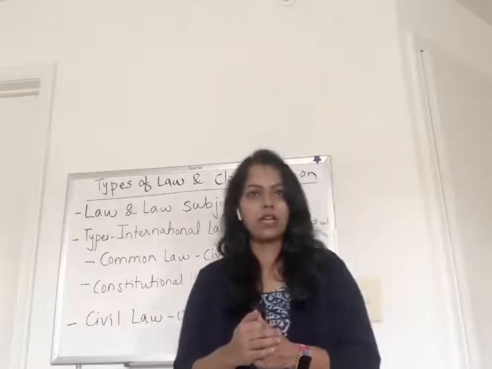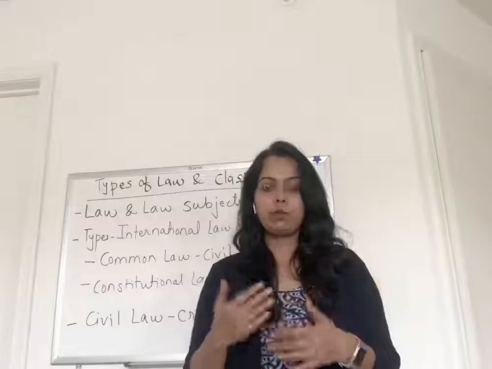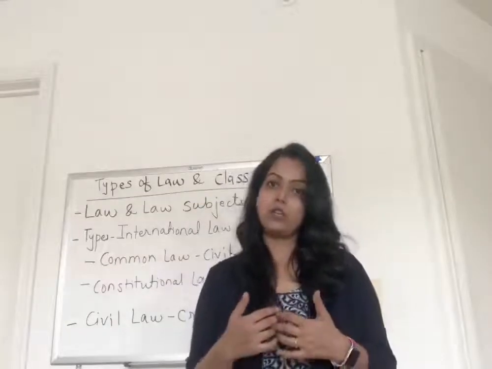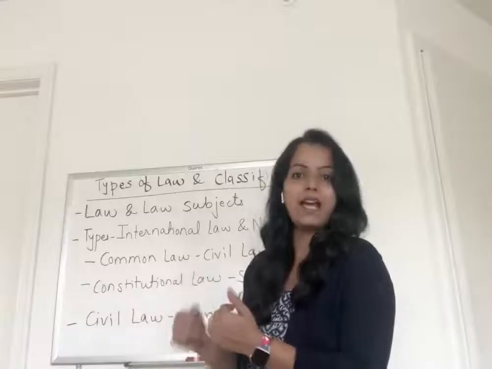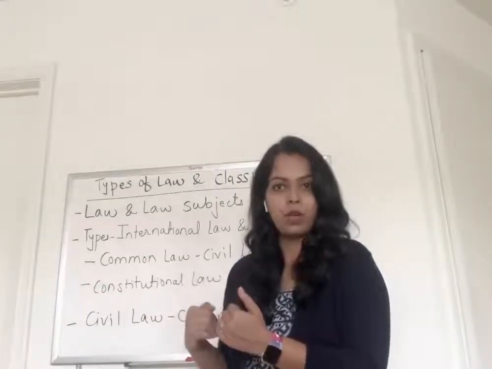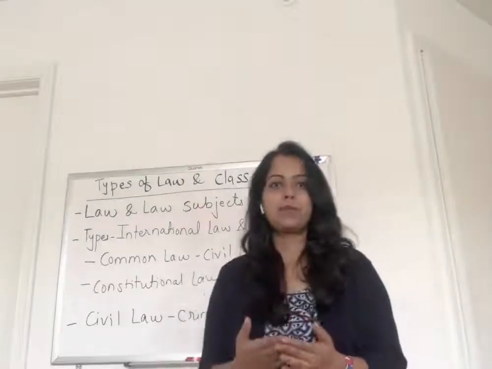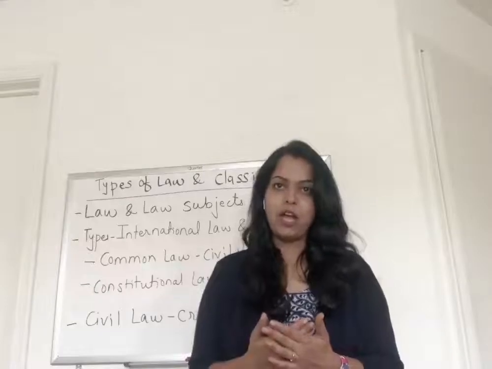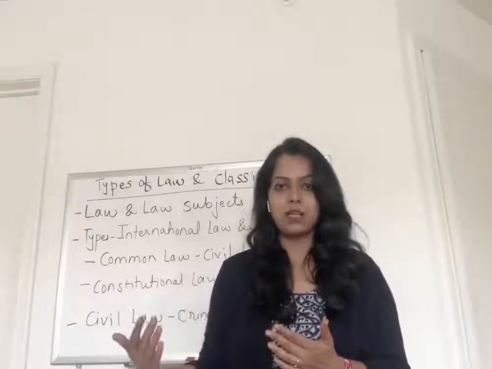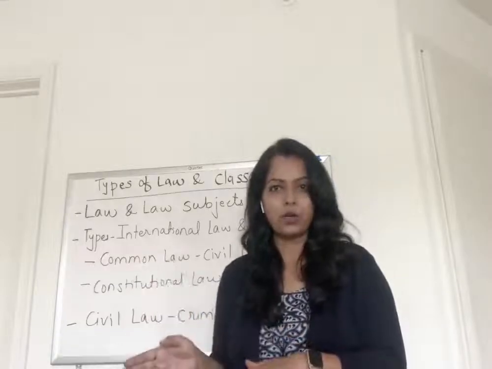Rules acknowledged by civilized nations to be binding upon them in their mutual relations are called rules of international law, and rules which are binding on citizens inside the nation are called municipal law or national law. For example, treaty laws or the law of the sea are examples of international law, and IPC, CrPC or the Evidence Act are examples of municipal law or national law.